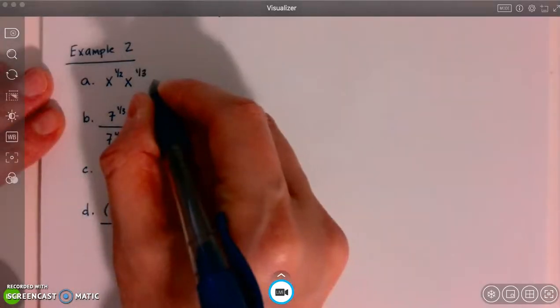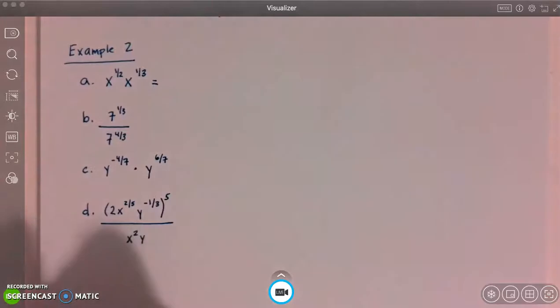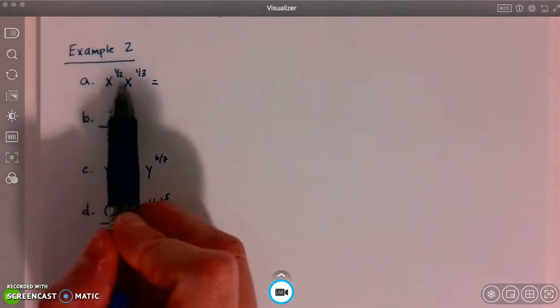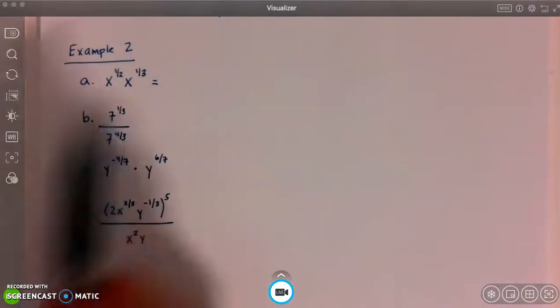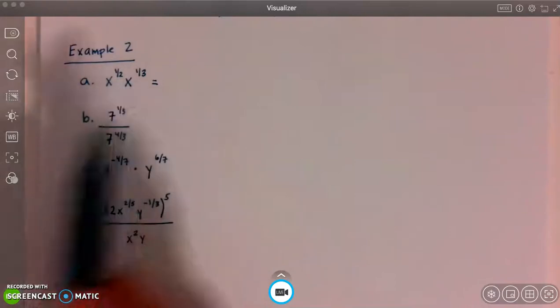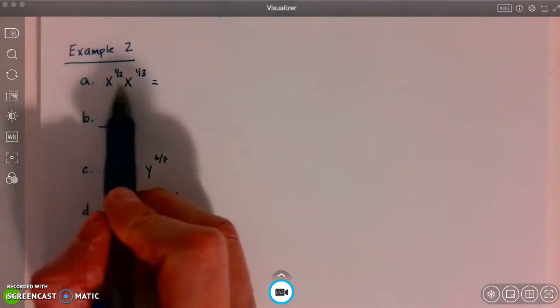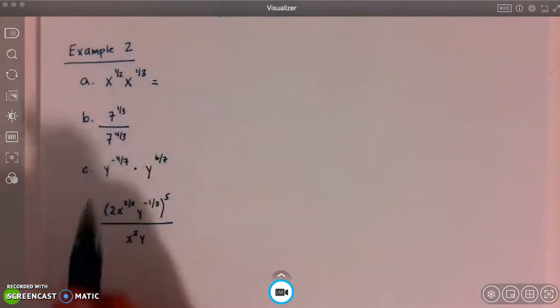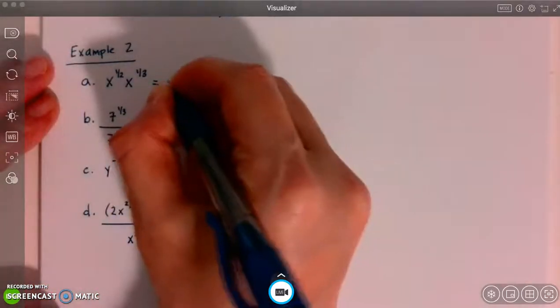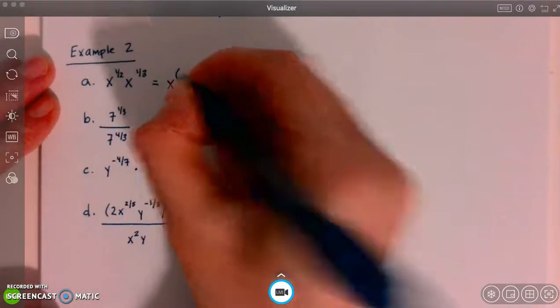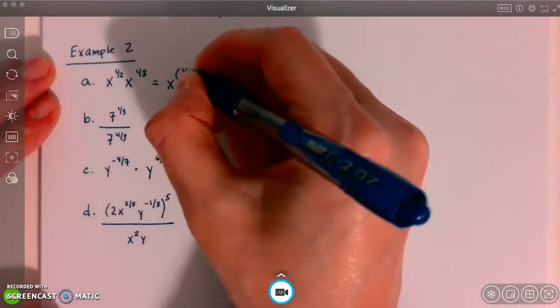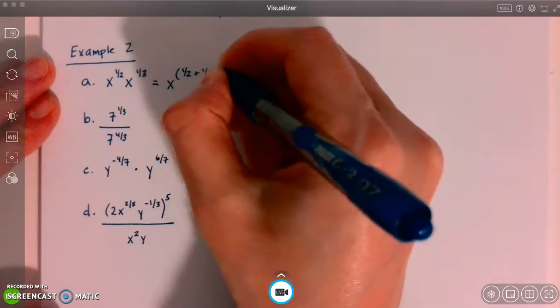In this example, if it looks weird to you, it might be because sometimes you might see a multiplication dot in between these. But these are still next to each other, which means that they are being multiplied. Because they are the same base, we can go ahead and add those exponents. So I'm going to rewrite this as x to the, and in the exponent, I'm going to add 1/2 plus 1/3.